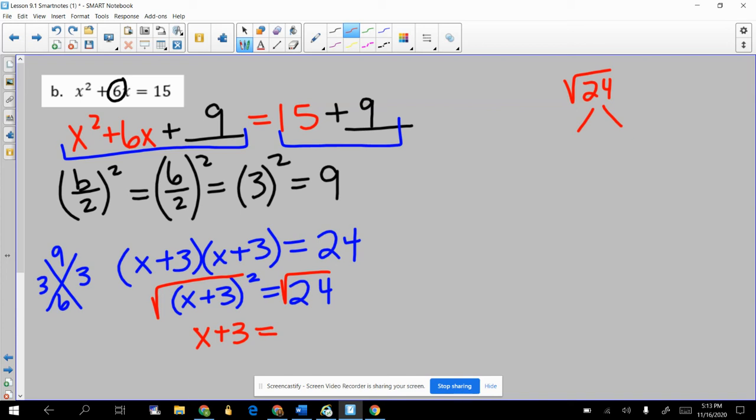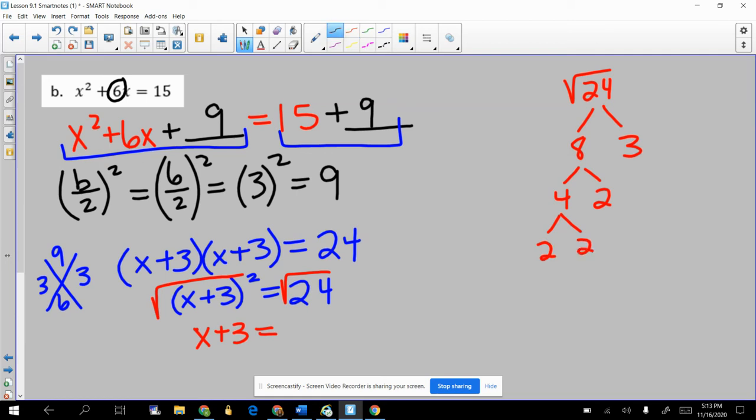So I'm just going to pick two multiples of 24, which would be 8 and 3. Then I would break that down to be 4 and 2. And then I break that down to be 2 and 2, and then I can't go any further.